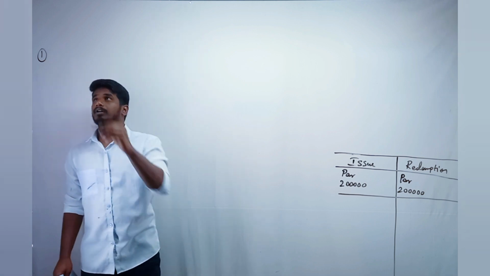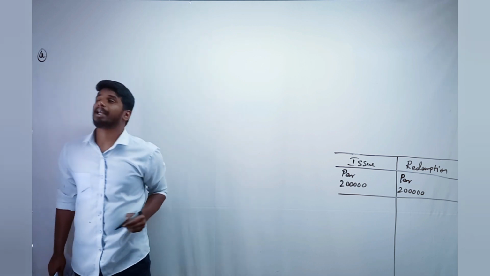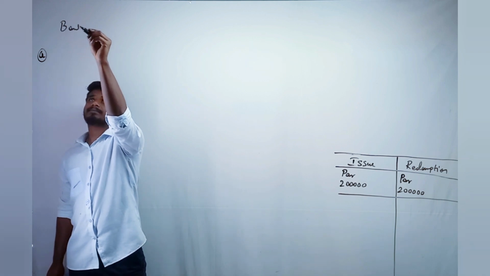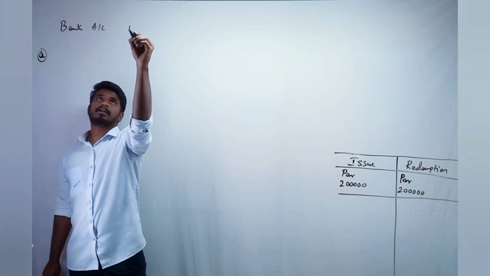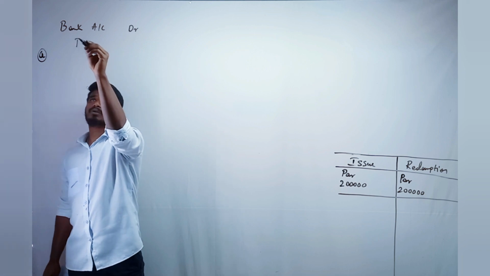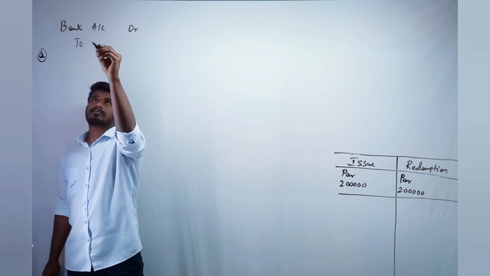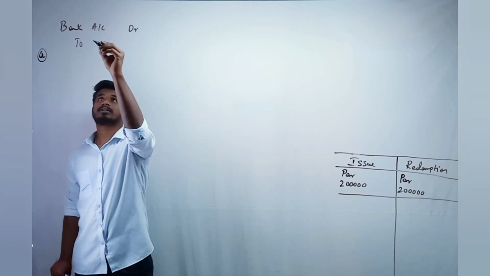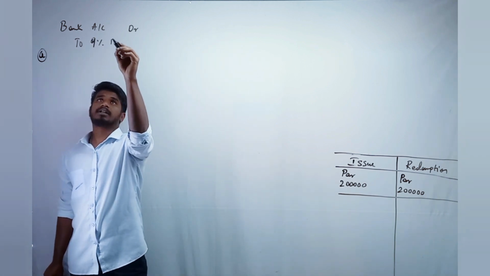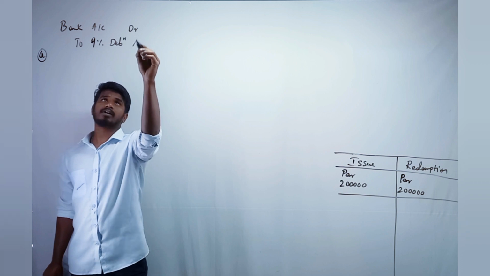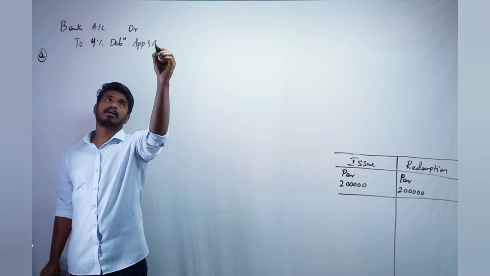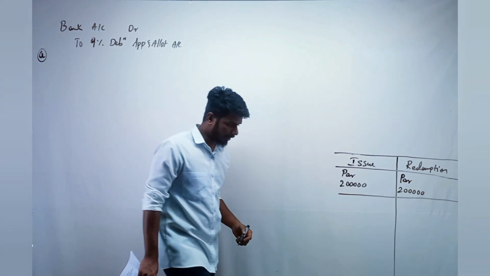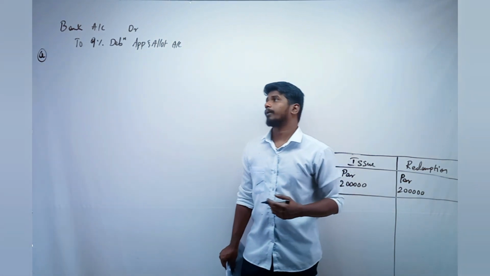Now the first, which is for, let me write it as A, correct. So the entry will be bank account debit to 9% debenture application and allotment account, correct.